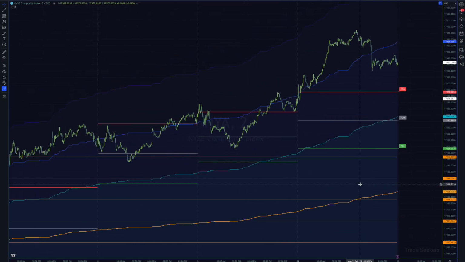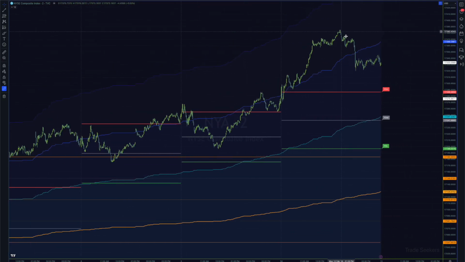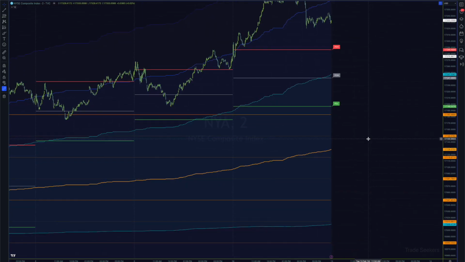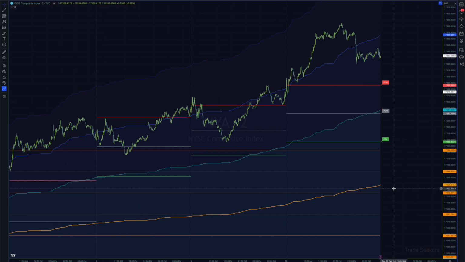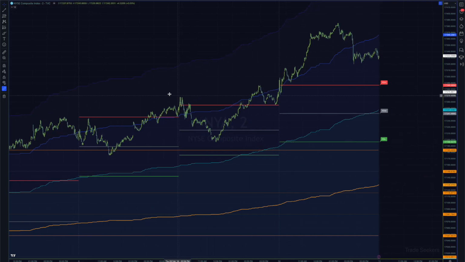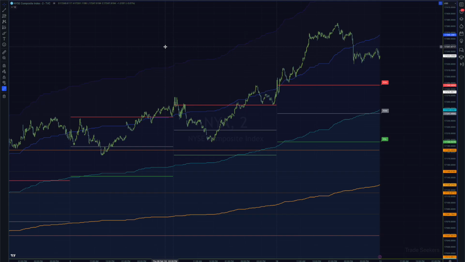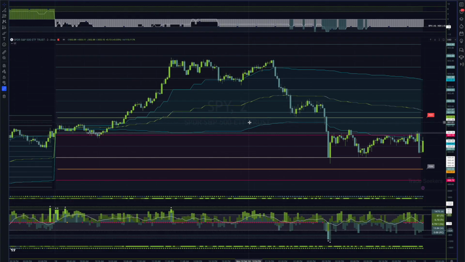So obviously, this could be the top here, and then we could just plummet to zero. But I just don't think this is the start of something. But obviously, there's always a start from somewhere, and you could always go back in time and point at a high price and say, there it was. That was the signal.